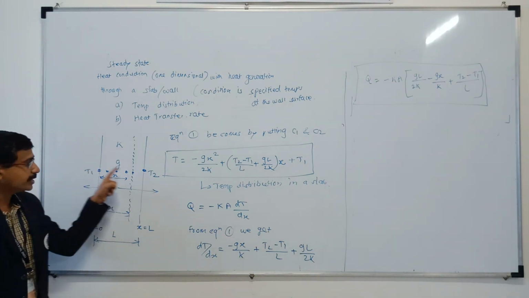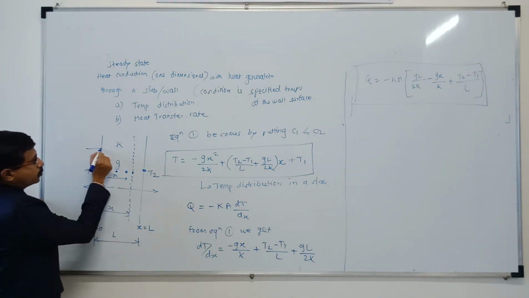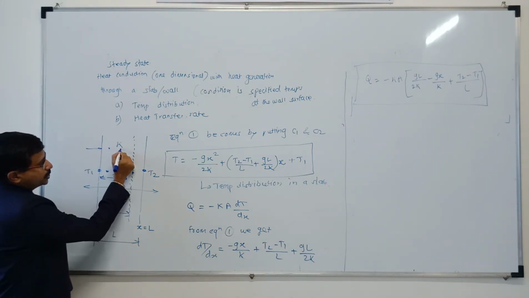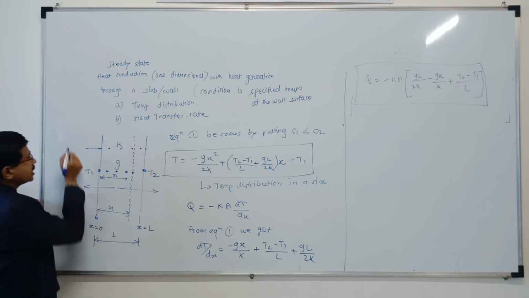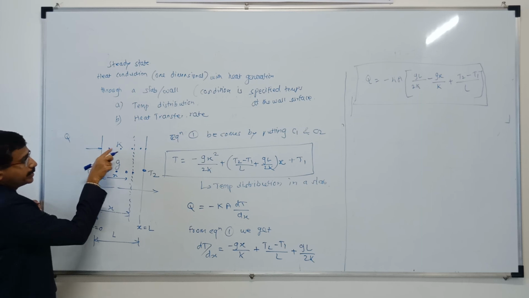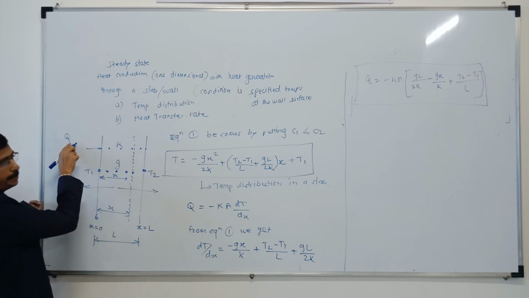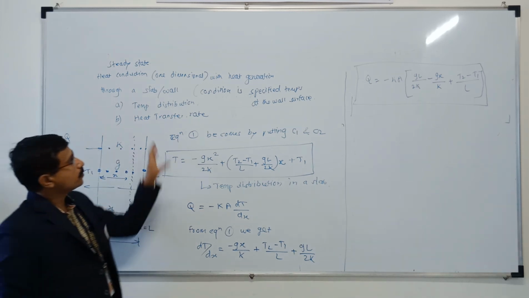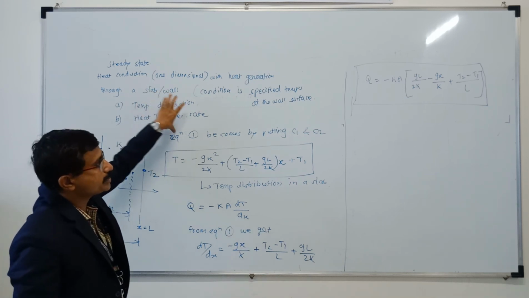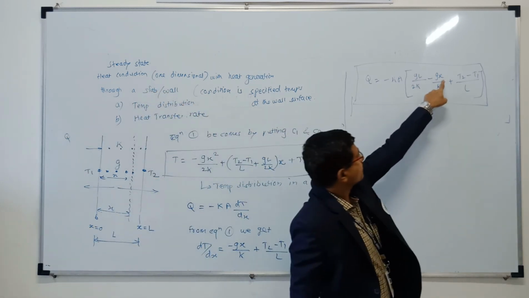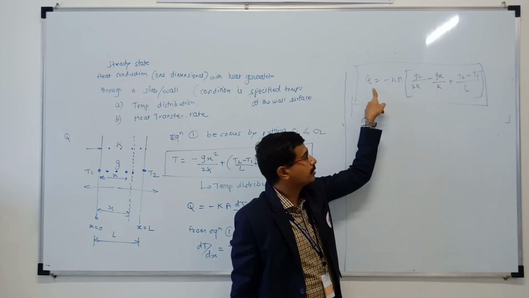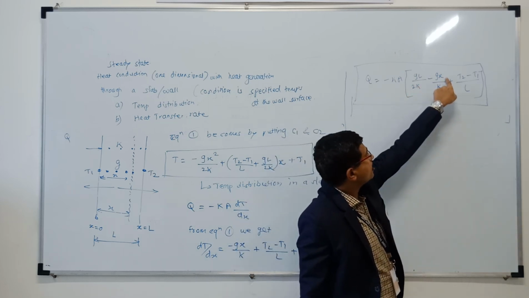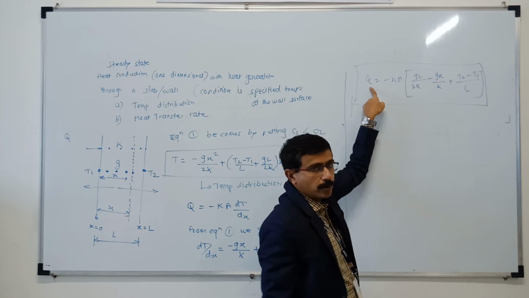Remember, in without heat generation, whatever the heat is going in, at any position inside the slab, the heat transfer rate capital Q at this point, at this point, at this point is the same everywhere. But in the case of with heat generation, with location inside the slab, heat transfer rate is changing. So just give the value of x, you will get the answer of Q at that point.